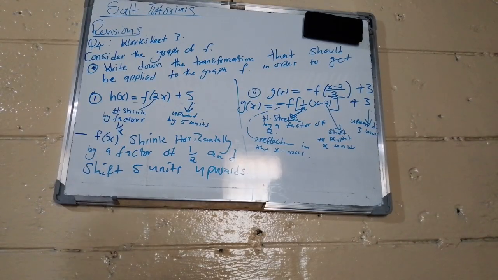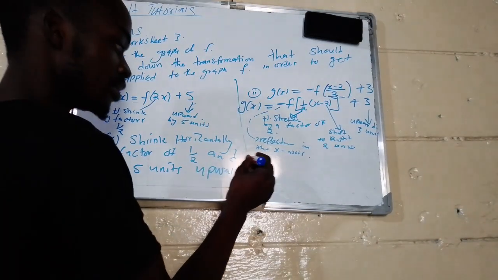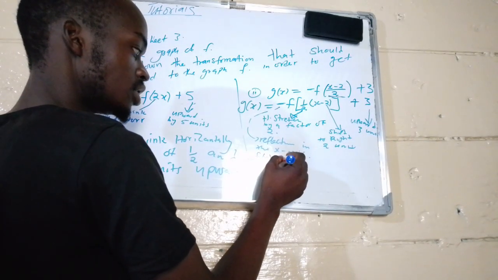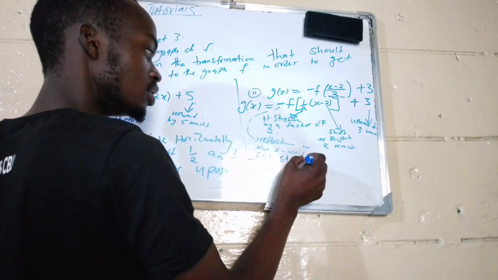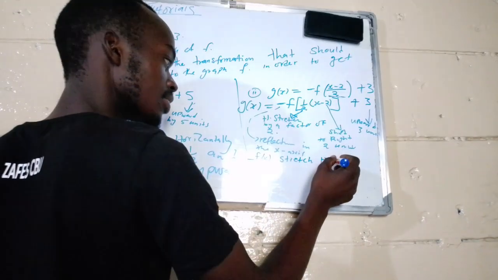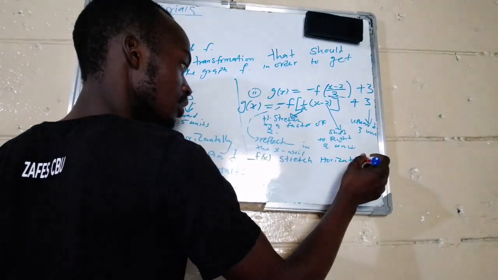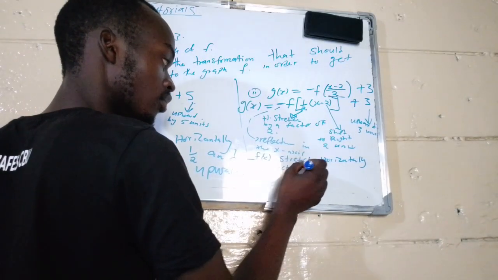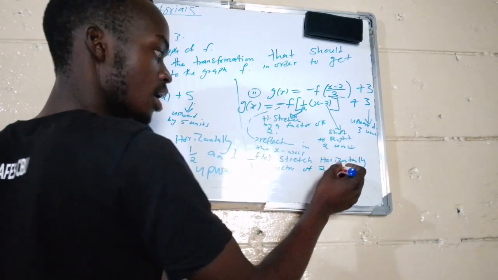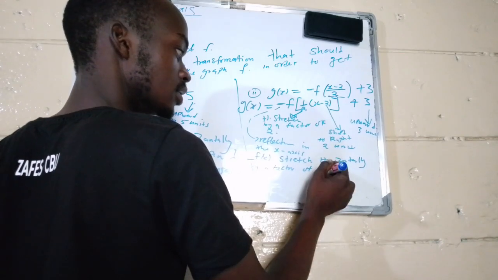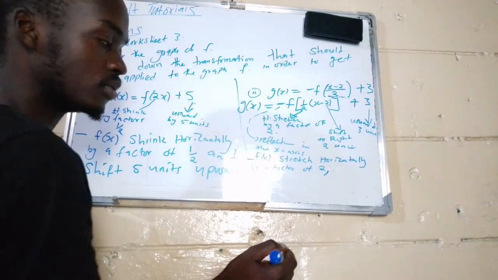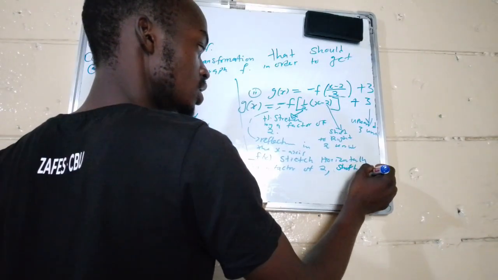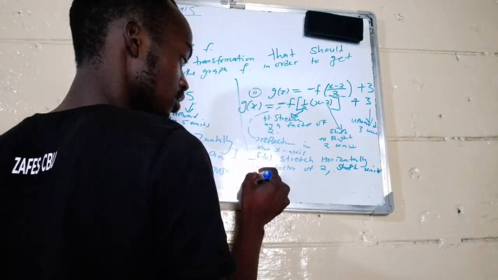So what am I going to say? G of x stretches horizontally by a factor of 2, shifts 2 units to the right.